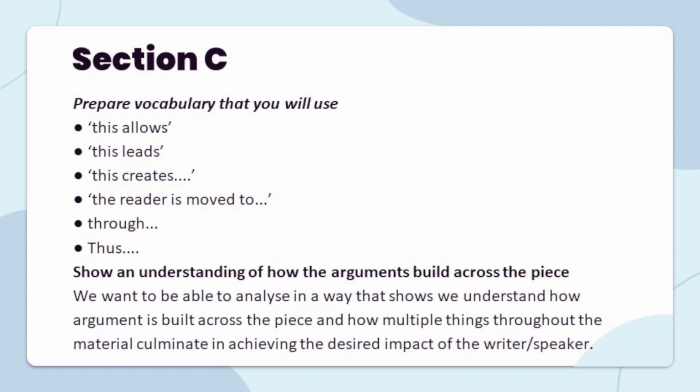If you can show an understanding of how this argument connects to the previous argument, you could say something like, having established the importance of protecting the environment, the reader now shifts to possible solutions, and then state what their next argument is.